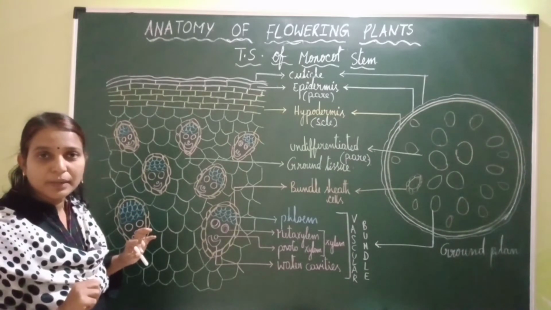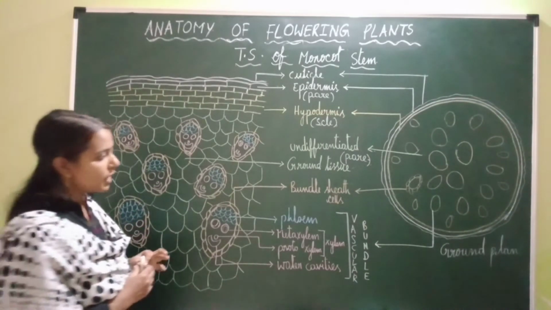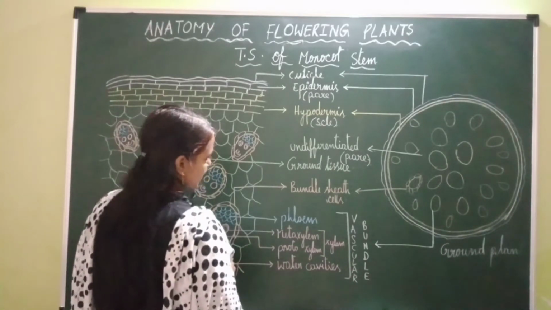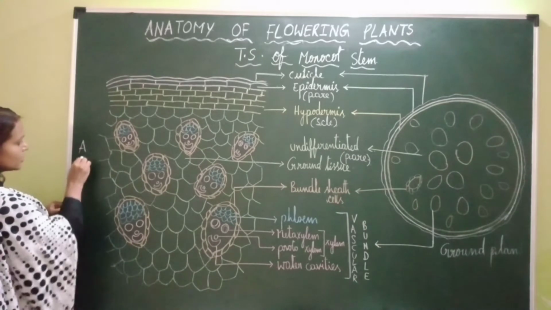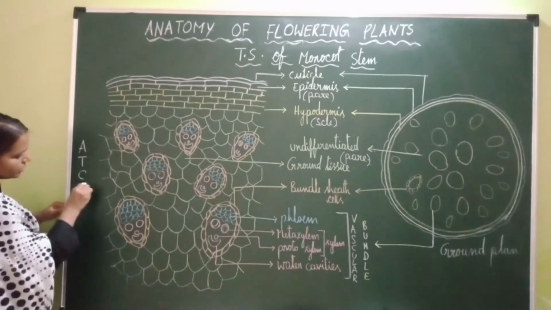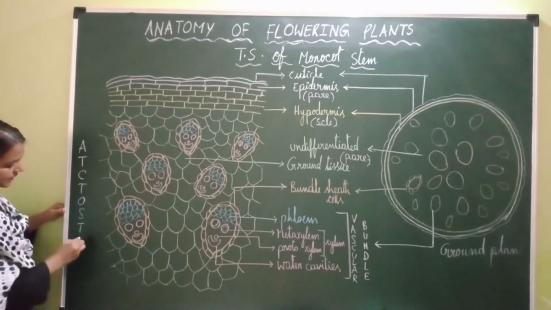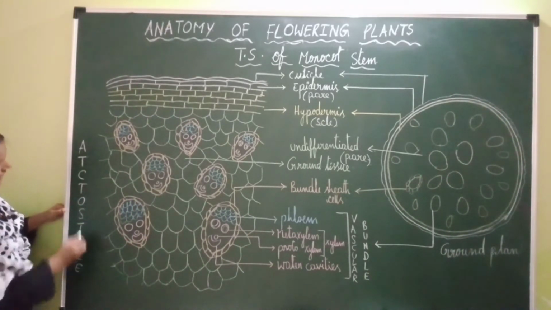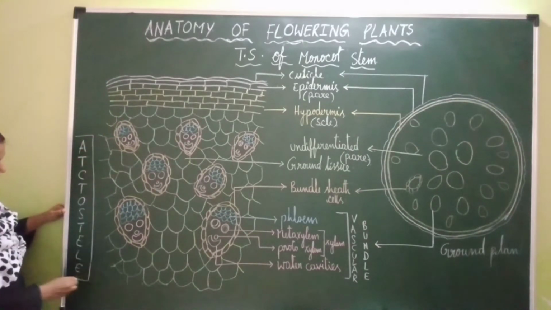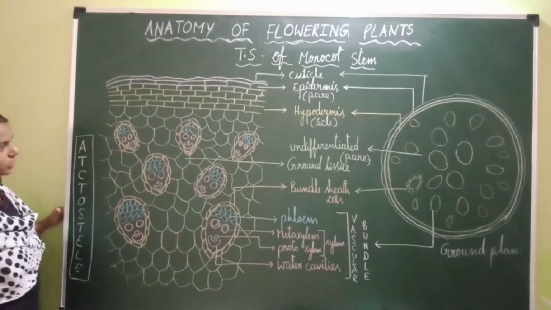The presence of scattered vascular bundles in the stele is called atactostele. In case of dicot stem, stele is eustele. In case of monocot stem, stele is atactostele.